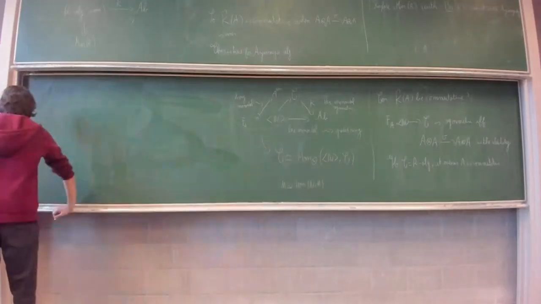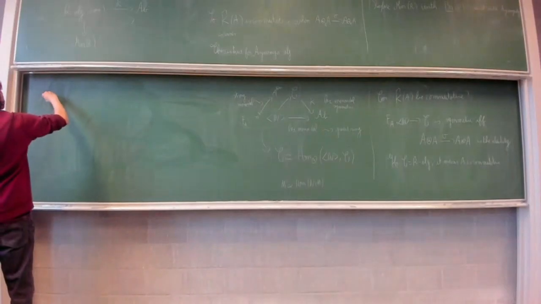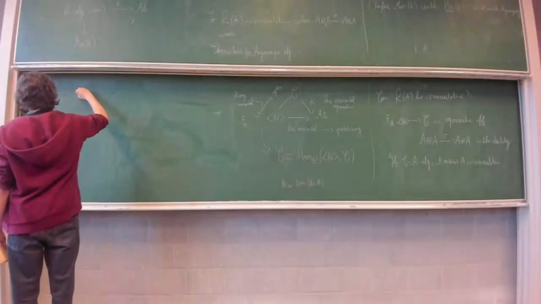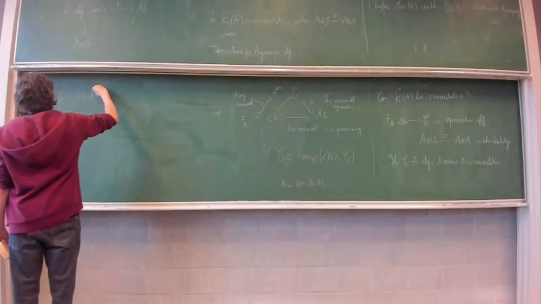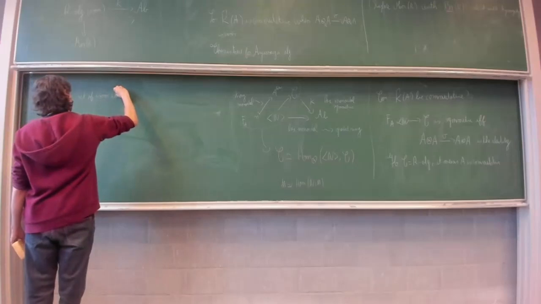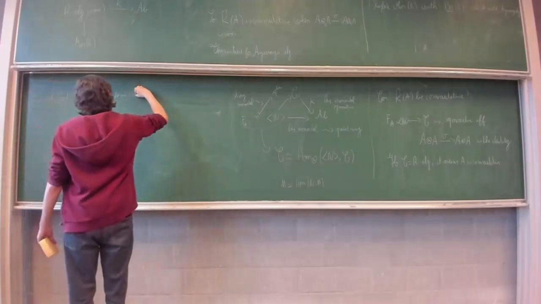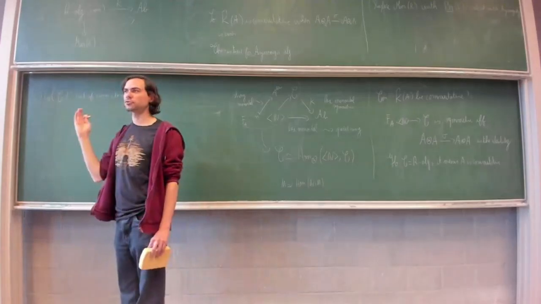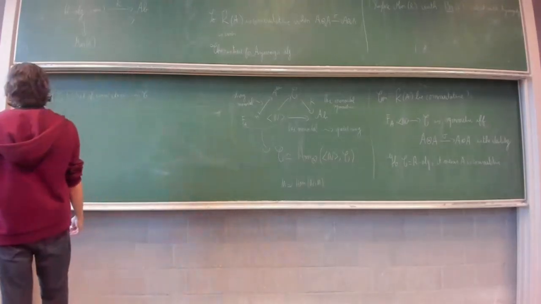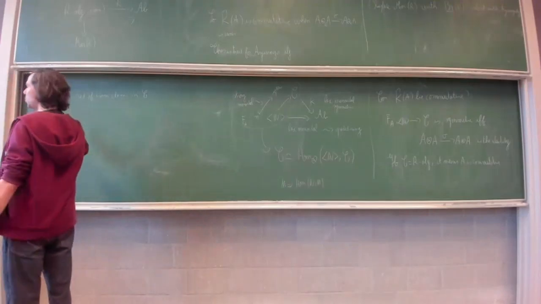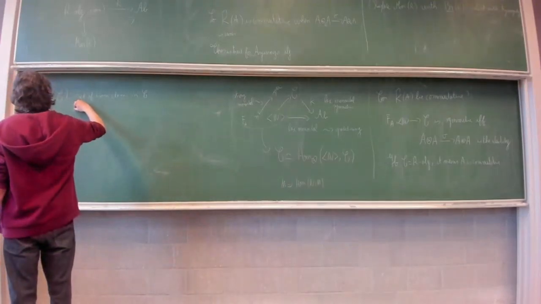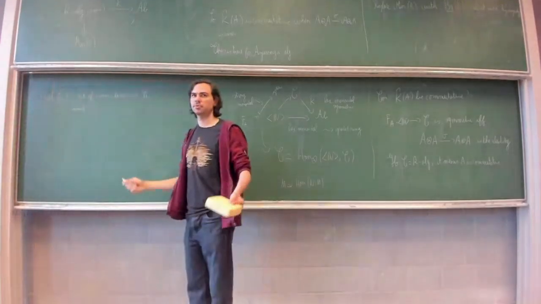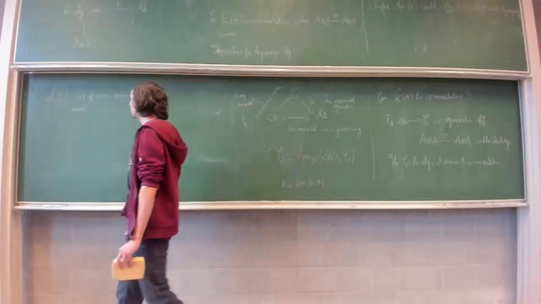Okay, so let's define pi 0 of C. That's the set of isomorphism classes in C. Yes, I said set, so let's assume that C is not too big. And since C is monoidal, it's actually a monoid. You can multiply classes by using the monoidal product.